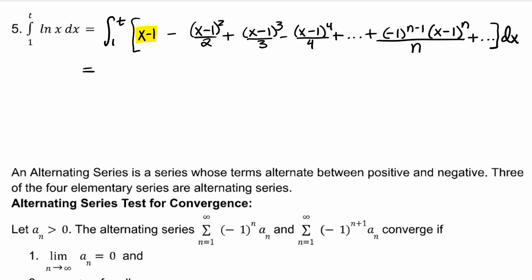To keep the pattern that this series is going in, I'm going to consider this as a group, x minus 1. So when I add to the power and make a new denominator, it's going to look similar to the rest of the terms. Continue integrating.